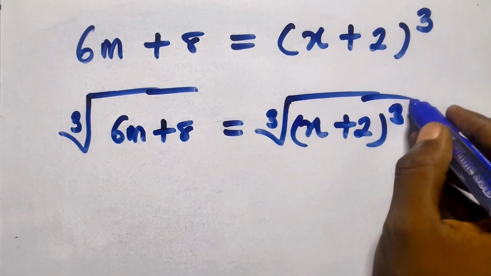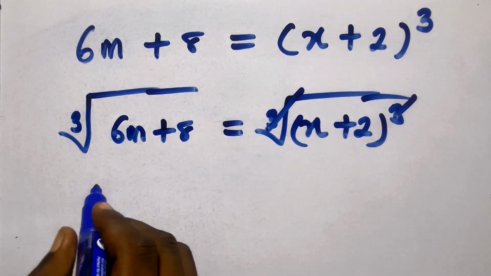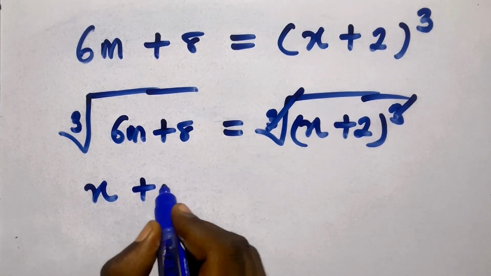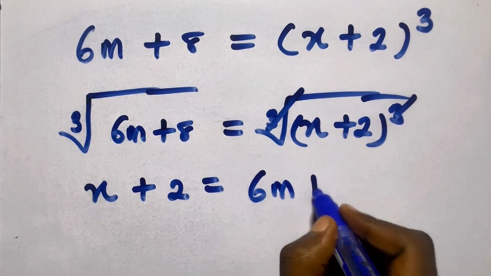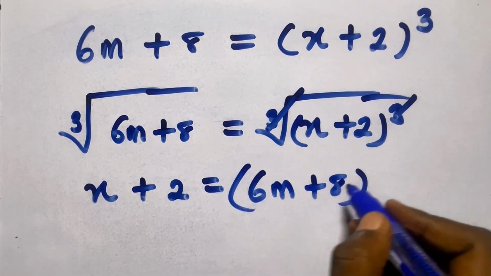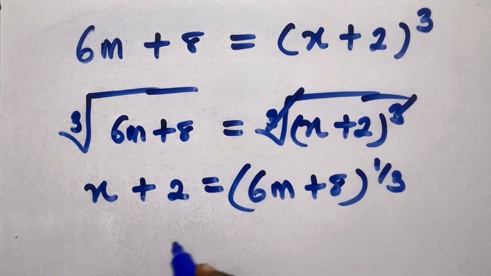You observe that we cancel the cube and the cube root, right? So we have x plus 2 equals the cube root of 6m plus 8, and it could be expressed as this. I hope you understand.